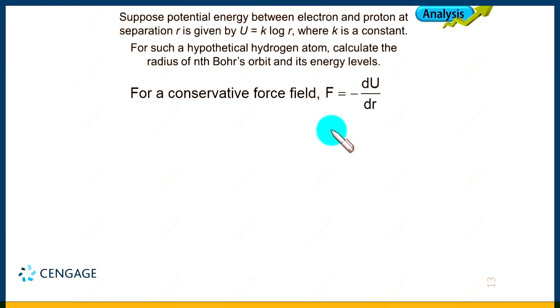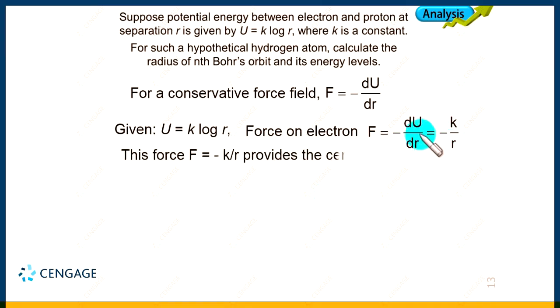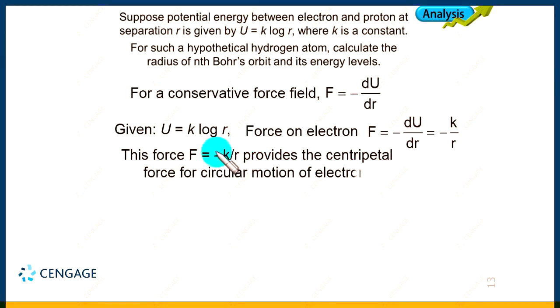So, this force is equal to minus k divided by small r, right. This is the force between the electron and nucleus, and we know this force is responsible for providing the required centripetal force. That means we can equate the magnitude of this force with m v square divided by small r. Let this be equation number 1.